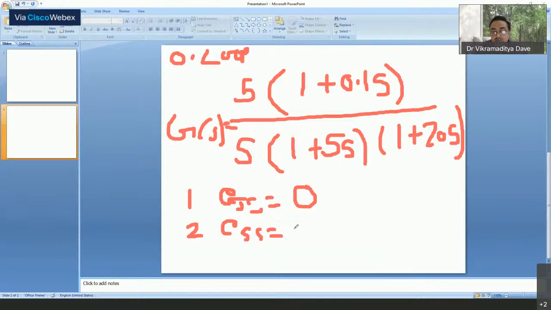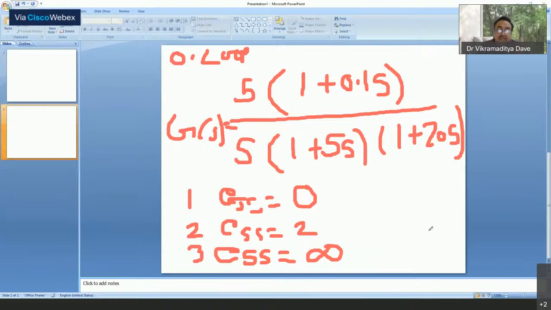And the third statement: the steady state error for an acceleration input of magnitude 10, ESS is given as infinity. So we have to find out.